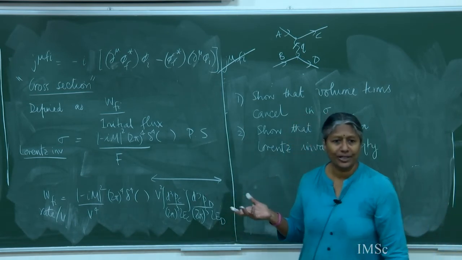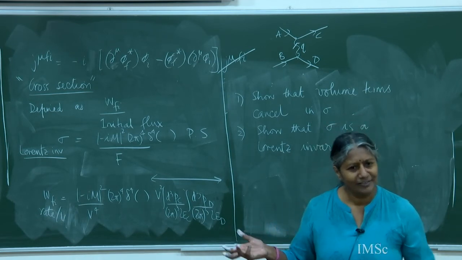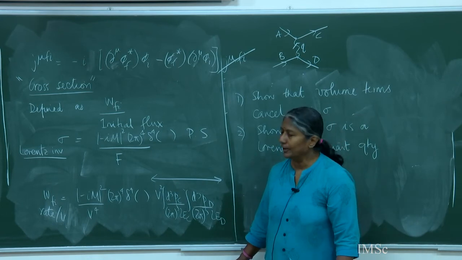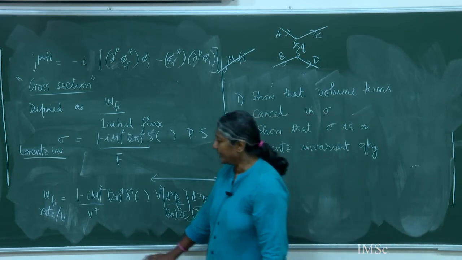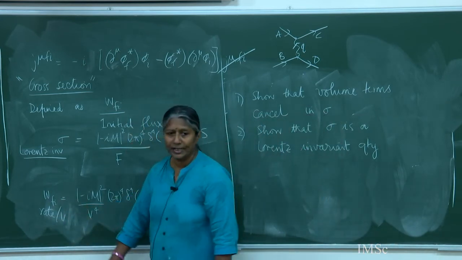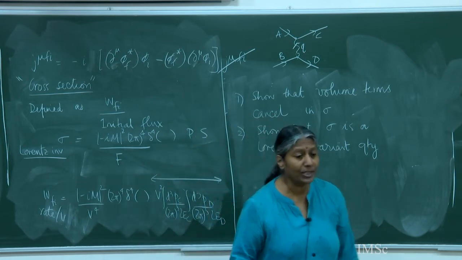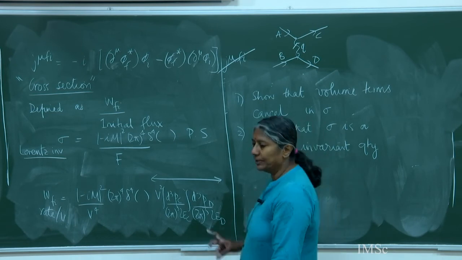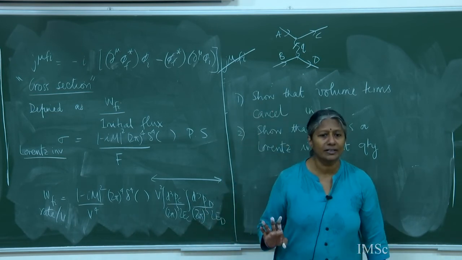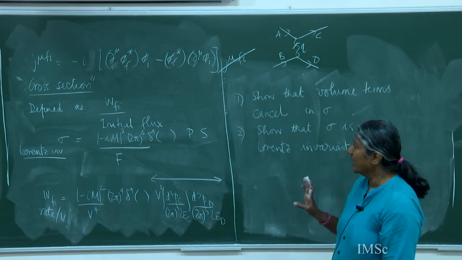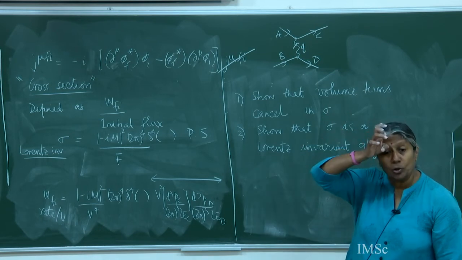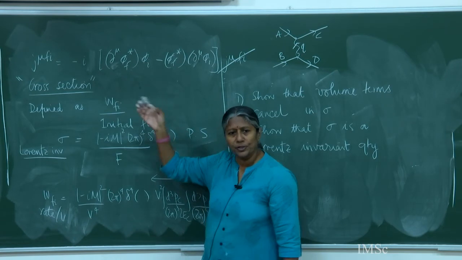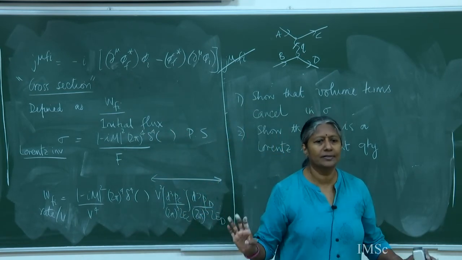What volume do you take of the state? We have no idea, but this is true for any volume at all because the volume terms cancel out, and therefore you can call this the transition rate per unit volume. You are also therefore allowed to normalize your states as 2E particles per unit volume, because you know that volume will never occur in any of these expressions, and so you can go back and say that your rho in your J mu was normalized to 2E states per unit volume and not per some arbitrary volume V.